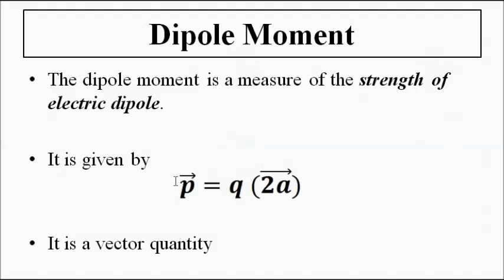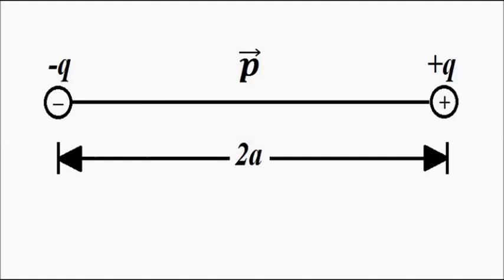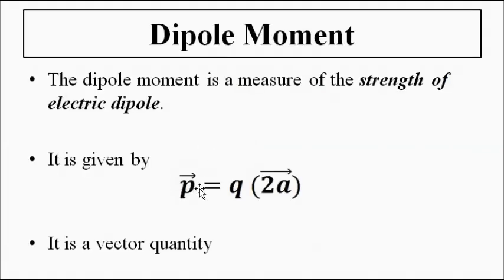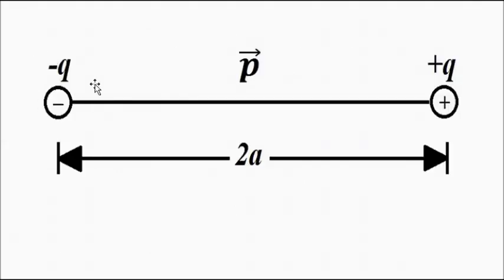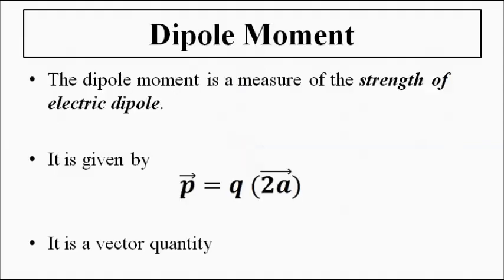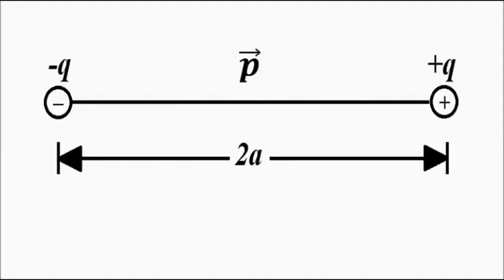So it is a vector quantity because this dipole axis is a vector which has a specific direction. So it's simply q, the magnitude of the charge involved in the dipole, multiplied with the separation distance of the two charges.